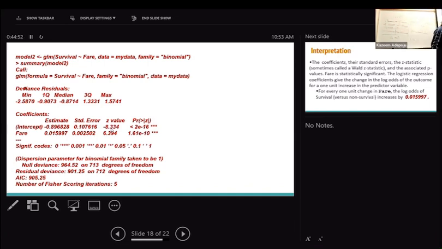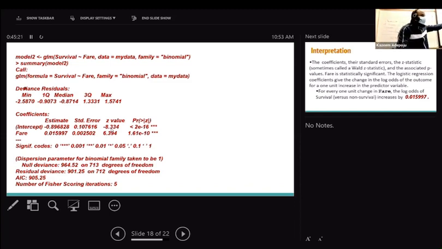While the residual deviance tells you the probability of survival, the response variable, when putting into consideration fare, the predictor. So the distance between the residual deviance and the null deviance can also be used to assess the quality of a logistic regression model, which we're going to do on Wednesday.